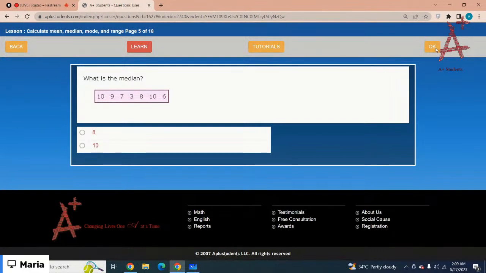Which is the median of the given data? Yes, it would be 8. So the correct option is 8.